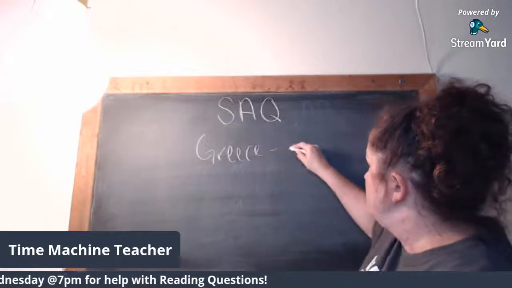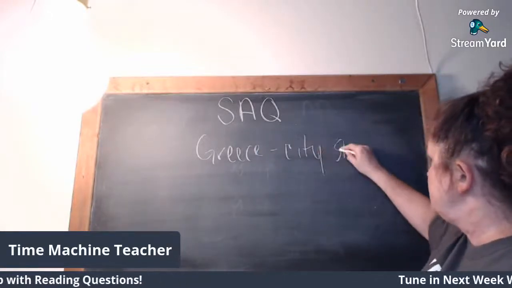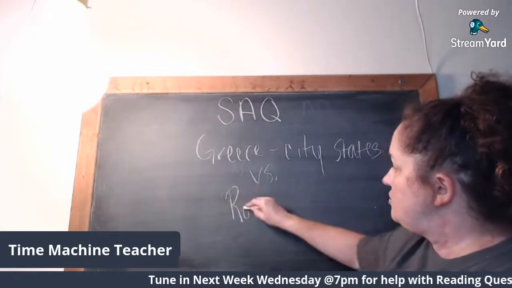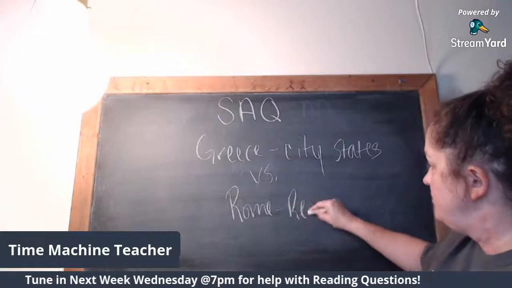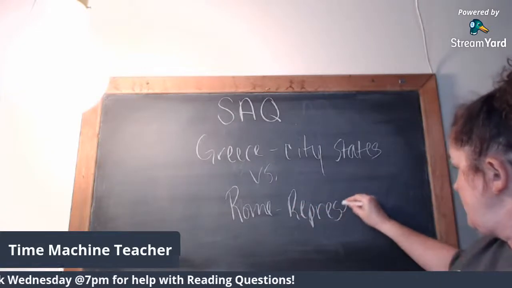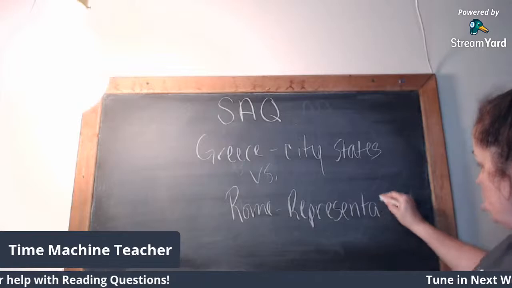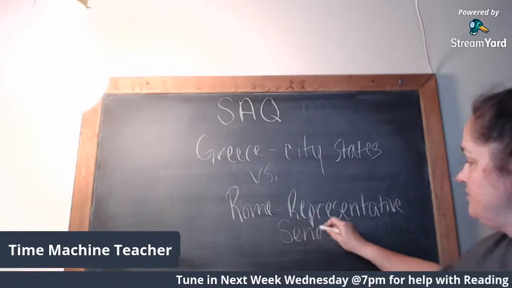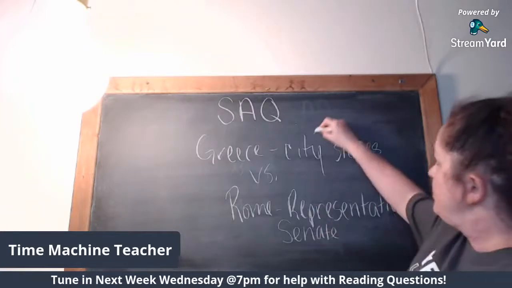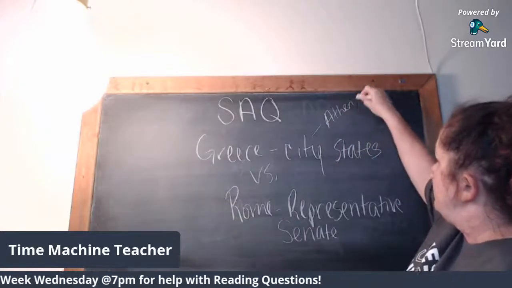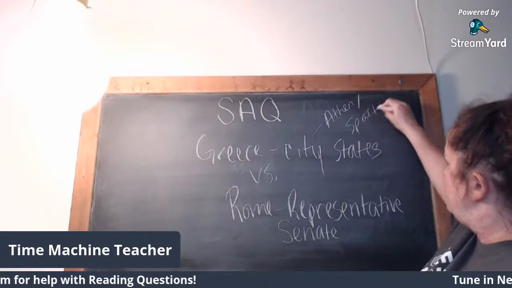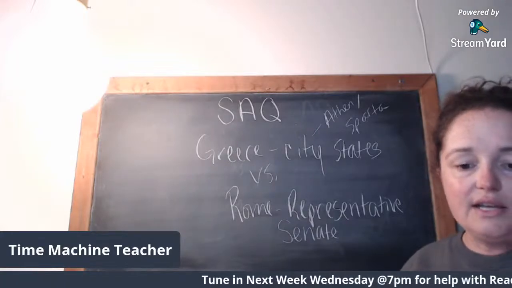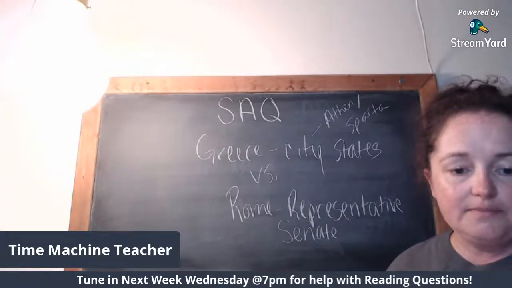So Greece, city-states, versus Rome, and you could also put in representative, as Mel suggested. We could talk about the Senate. Up here, you could talk about Athens and Sparta and how those two were different, if you wanted to get in depth a little bit more.